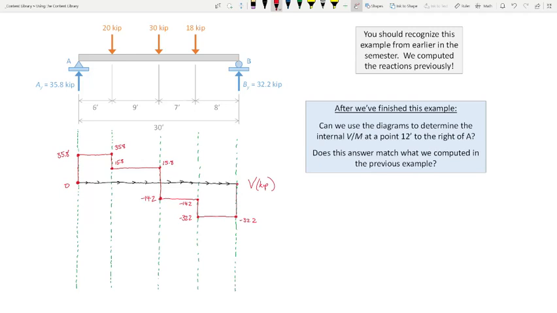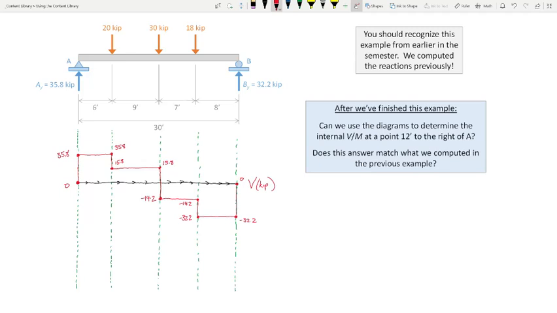Okay. All right. And so that, ladies and gentlemen, that's your shear diagram right there. That's it. Now I want to take a step back and see, was that hard? That's pretty easy, right? One of the nice things about a shear diagram is that, both shear diagrams and moment diagrams, I should say, have a way of confirming that your support reactions are in fact correct.